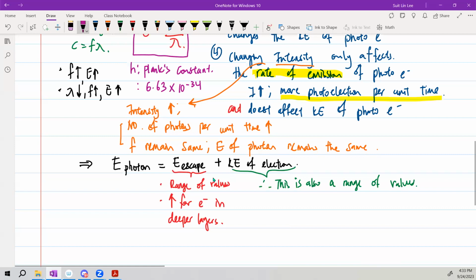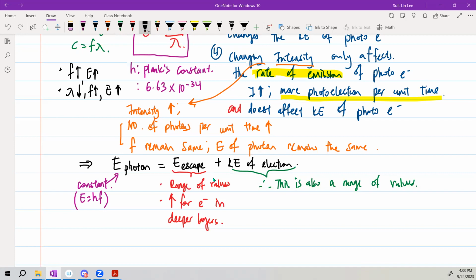Because this energy of photon is constant, and only depends on frequency. So if I keep the frequency constant, there's only one wavelength or one value of f. Then the electrons from deeper inside the metal will have less energy left behind for KE.